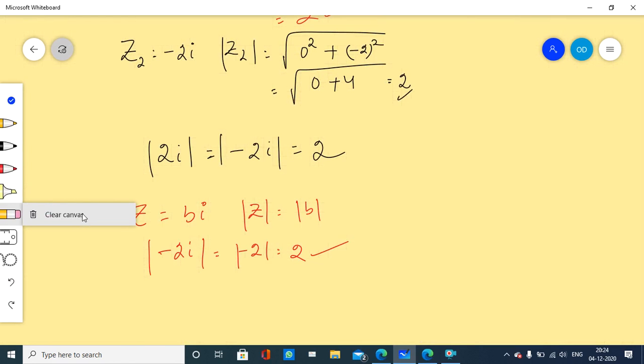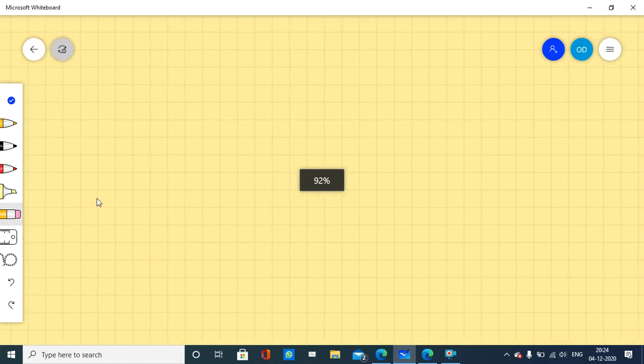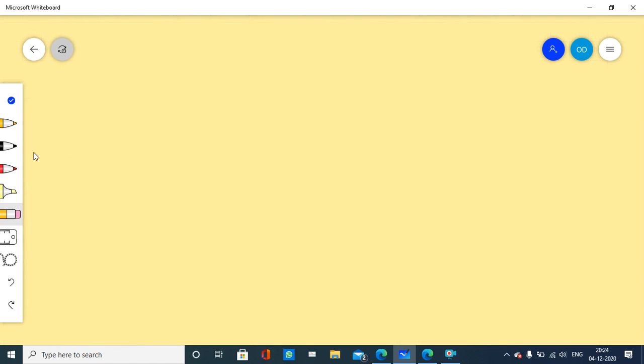Okay, let's take another important observation here. So far we have learned how to find the conjugate of a complex number and how to find the modulus of a complex number.